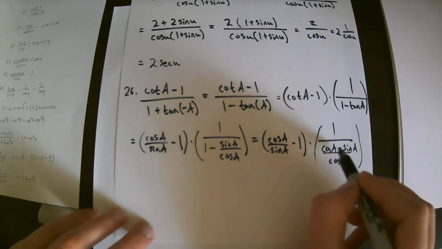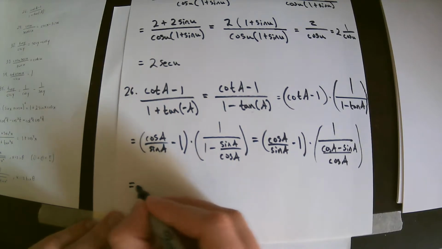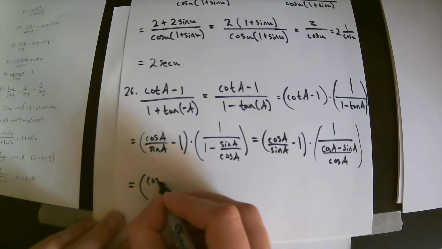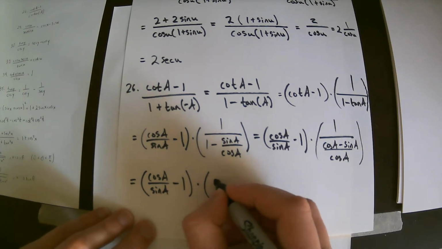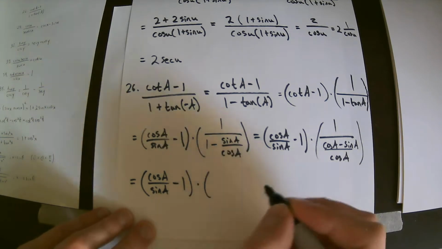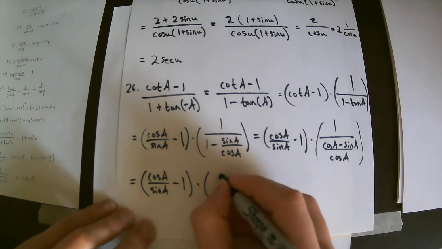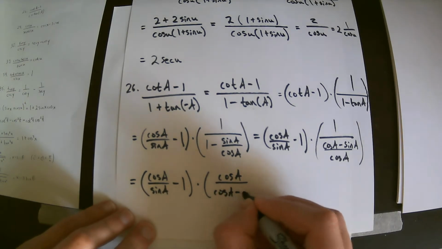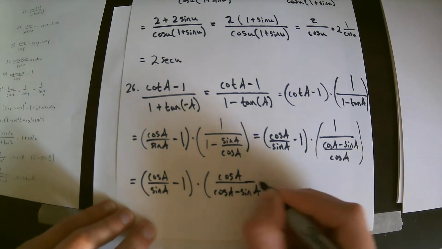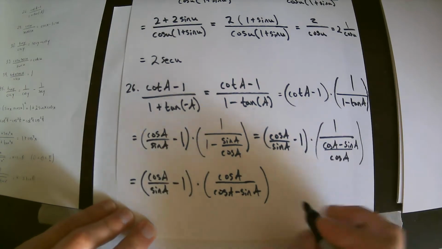And now I can flip this fraction upside down, so I'll say cosine of A over sine of A minus 1 times cosine of A over cosine of A minus sine of A, flipping this fraction.